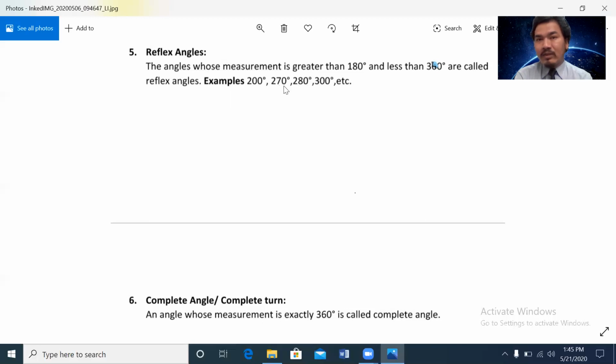These are all greater than 180 degree but less than 360. That's why they are reflex angles. The figure of this angle is not shown here because I am going to teach you the construction of angles after this class, which are from 0 degree to 180 degree. Between them only we will do the construction, that's why this figure is not included here.